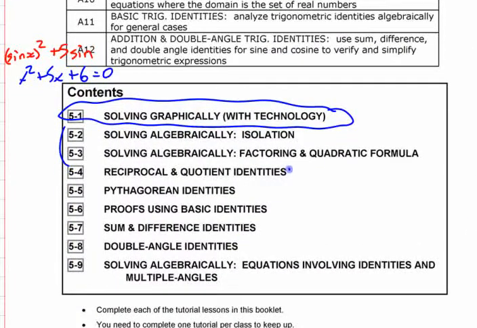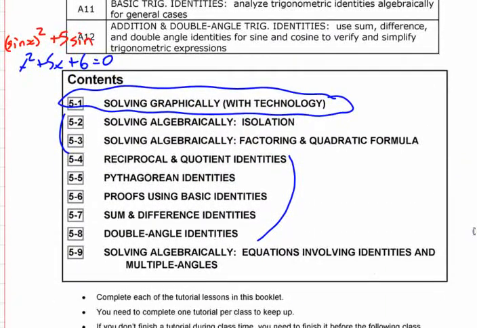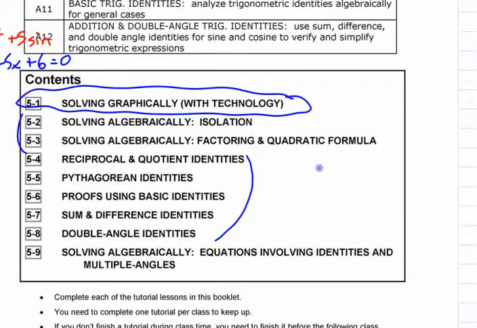The other thing involved in this unit is trig identities. An identity is a statement that's always true. You could make up some identities that don't really tell us a whole lot, like 0 times any number is always equal to what? 0, right?